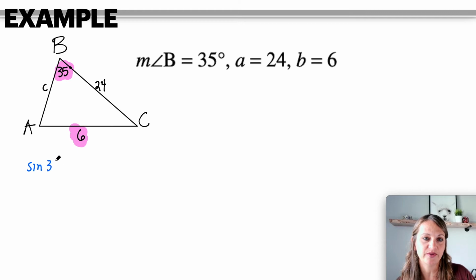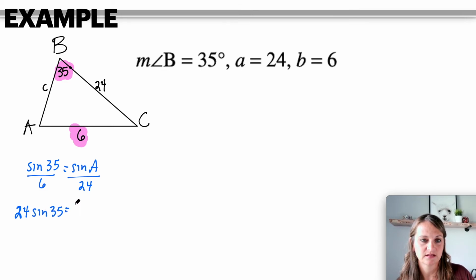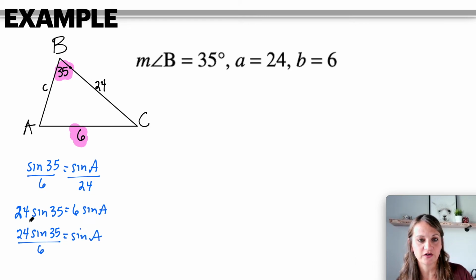The sine of B over b is going to equal the sine of A over a. Put this in the calculator first, and we will get 2.29 is equal to the sine of A.